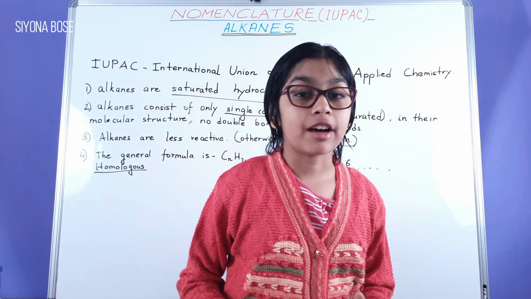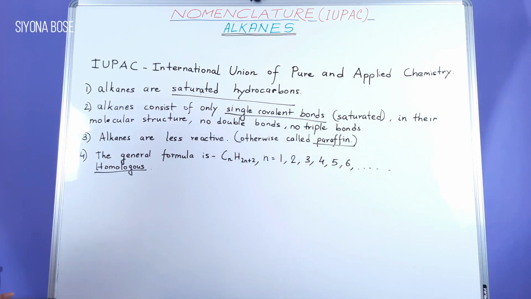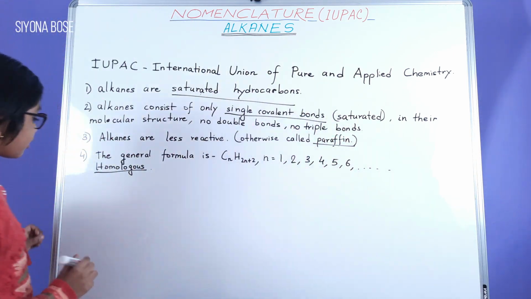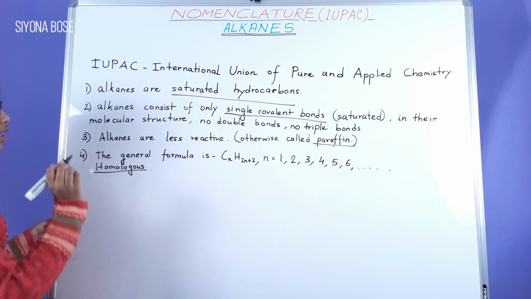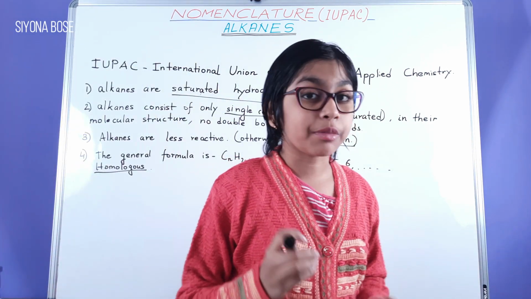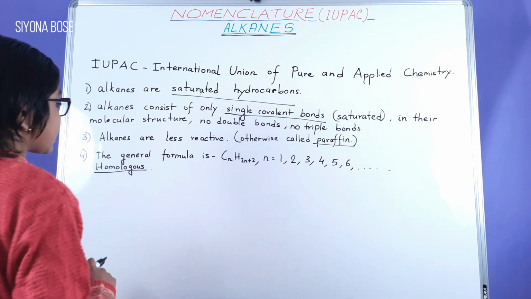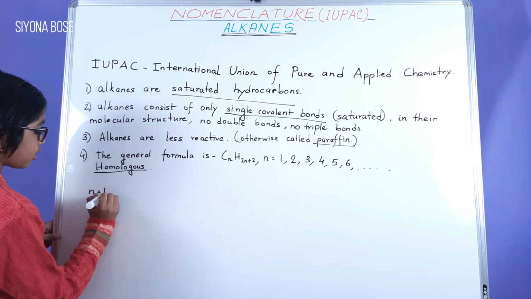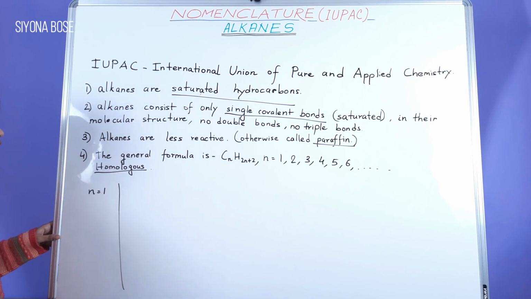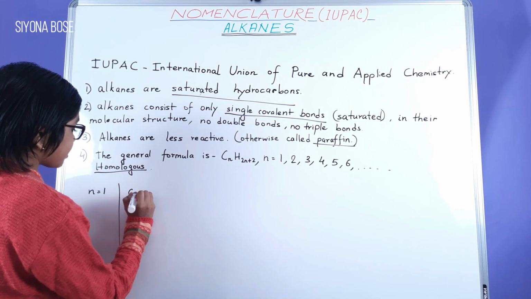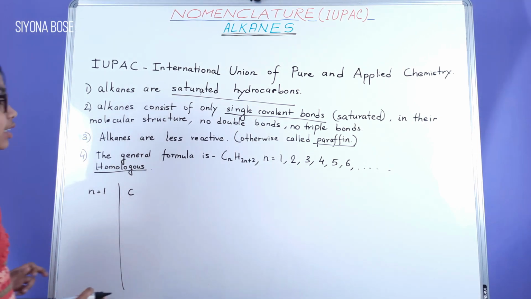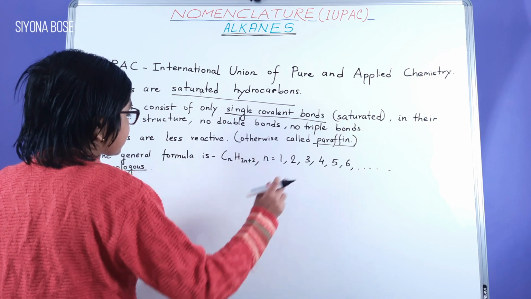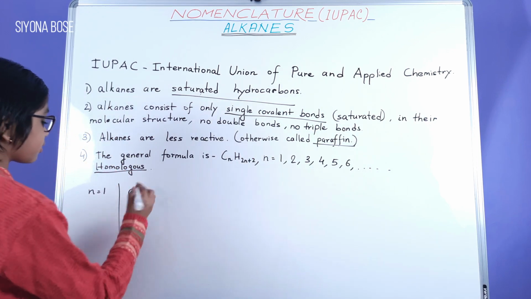Now, since we've talked about alkanes, we can move on to the nomenclature and some examples of alkanes. Let's take a look. Here n means the number of carbons. If n is 1, then the formula is C, because 1 carbon. Now if we calculate 2n plus 2 with n as 1, 2 plus 2, that is 4.